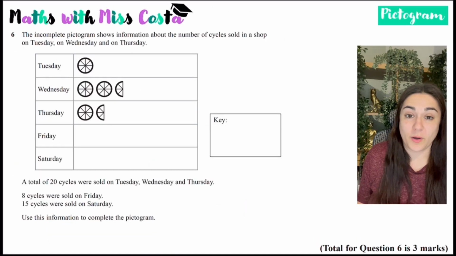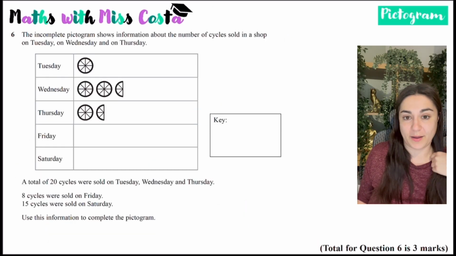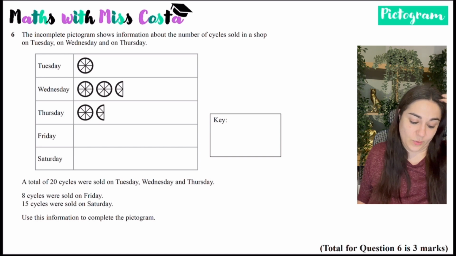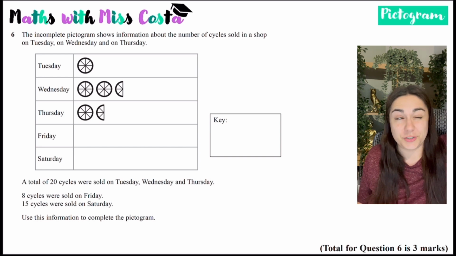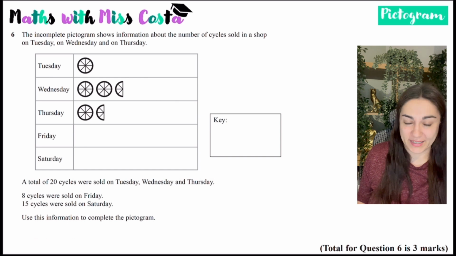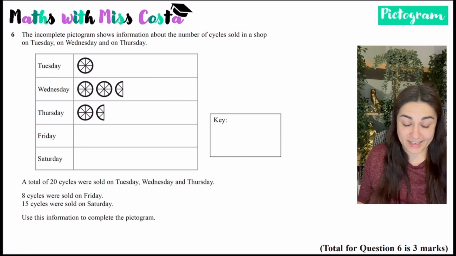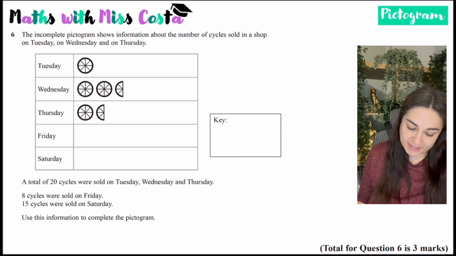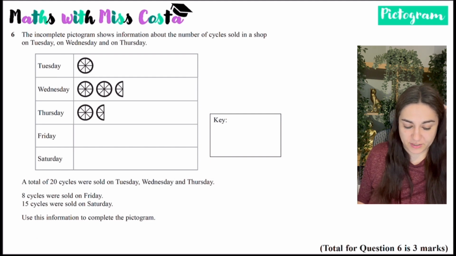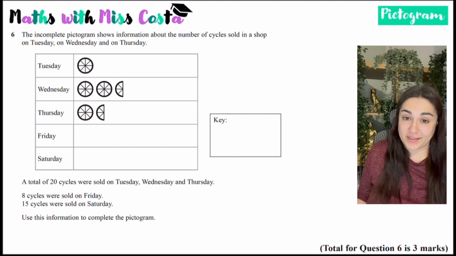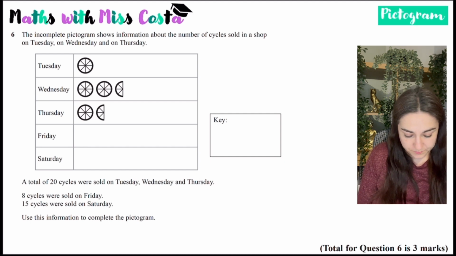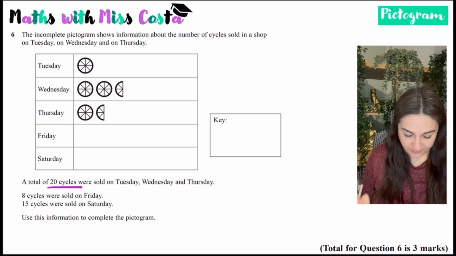Okay, now we've got a pictogram question. A pictogram is just where you are trying to show a number using a picture. In this incomplete pictogram, it shows the information about the number of cycles sold in a shop on Tuesday, Wednesday, and Thursday. We are told that a total of 20 cycles were sold on those days.